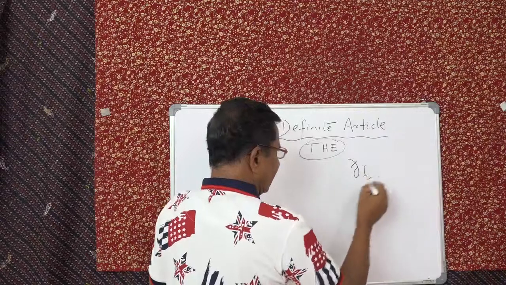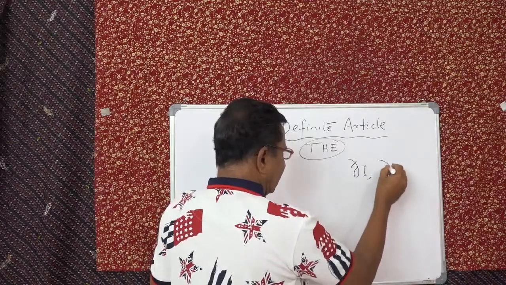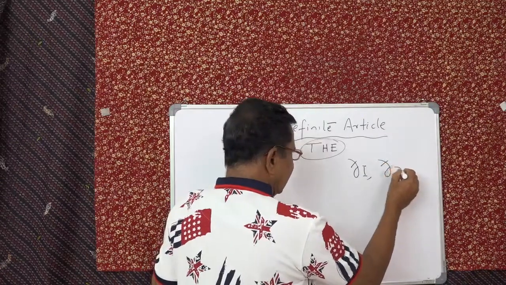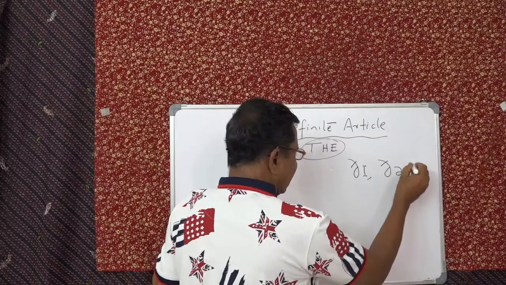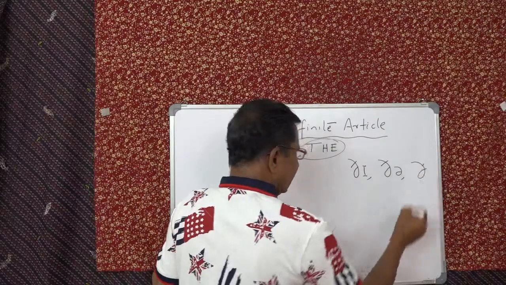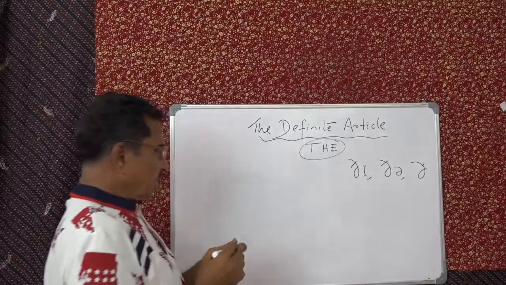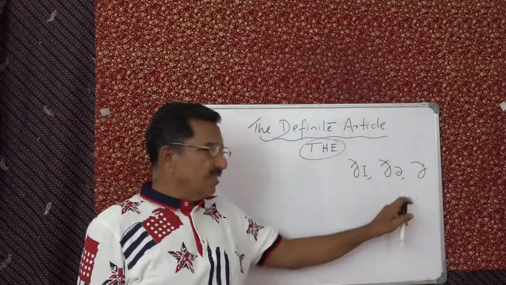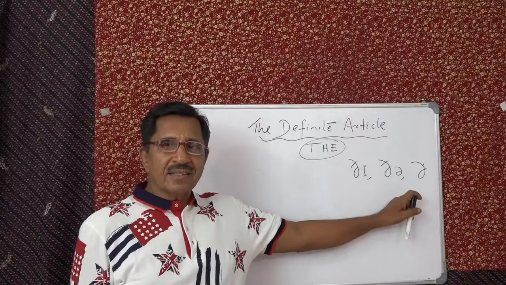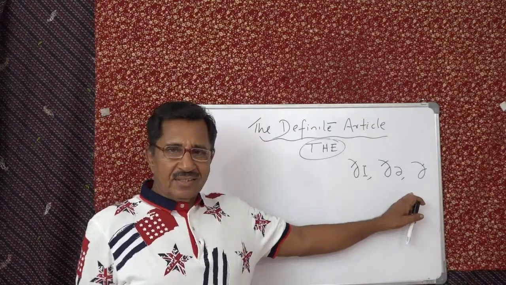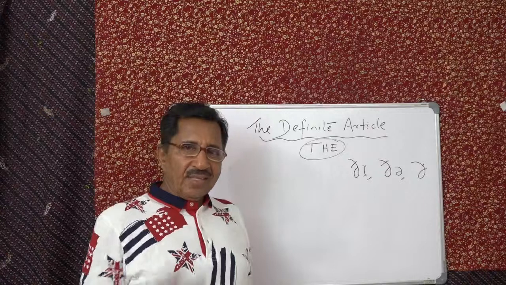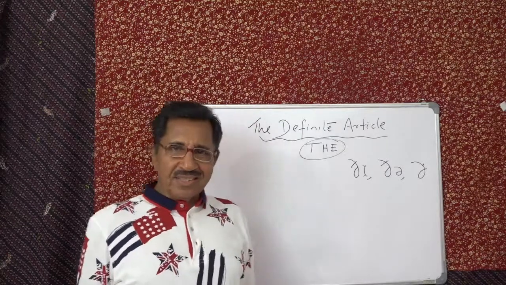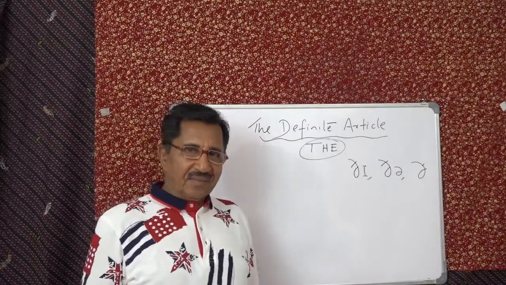Second pronunciation is the. And the third pronunciation is the. That's it. So three ways you can pronounce the. Understand? Now let's see, where will you use these three pronunciations?